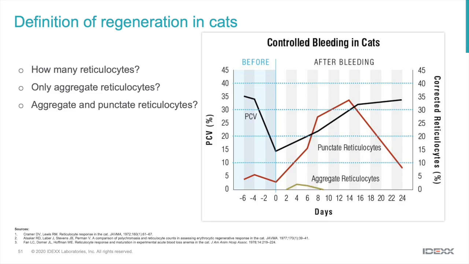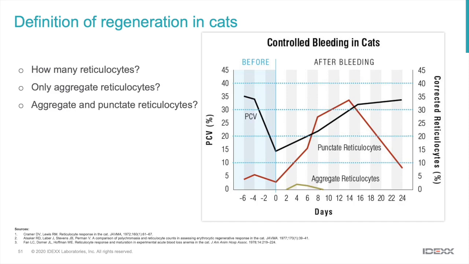However, the punctate retics, the red line, do continue to go up, and not until the packed cell volume gets up into that set point do they start decreasing in numbers. So what does this mean? Well, for some reason, we've got that magical number of 20%.